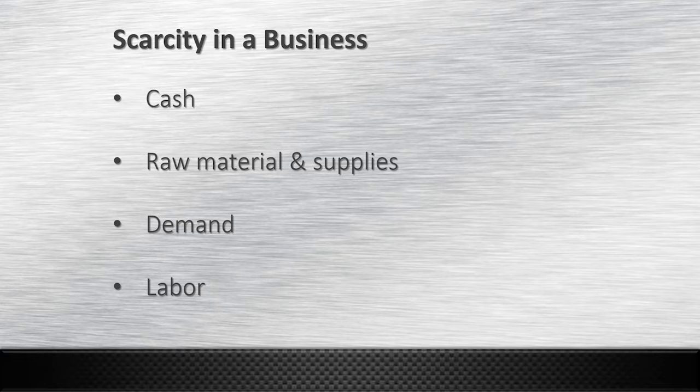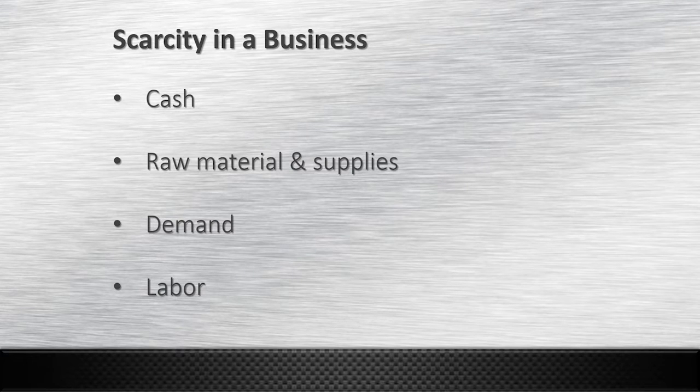Scarcity in cash is probably one of the biggest ones. When you're starting a business, it can be very expensive to start out, and if you haven't made any money yet, where are you going to get the money from? So that's one part of it that makes scarcity in business reflected as cash. Other things: raw materials and supplies. Things like demand. Your customers want your product.